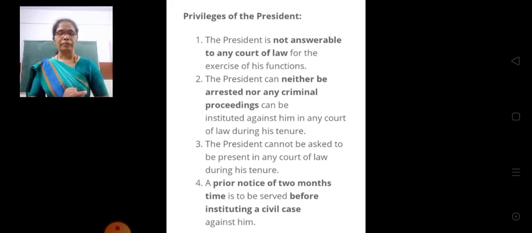And he has the power to appoint the chiefs of the army, navy, and air force. These officials are appointed by the president.